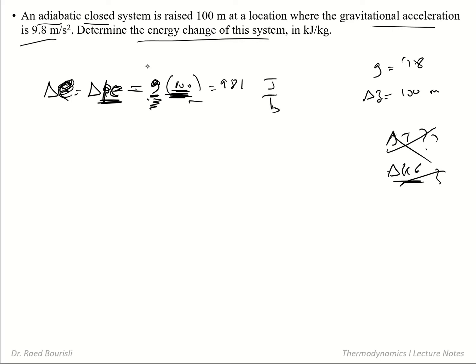That is meter per second squared times meter. So this I have to divide by 1000, since 1 kilojoule is 1000 joules, and this will be 0.981, I think.